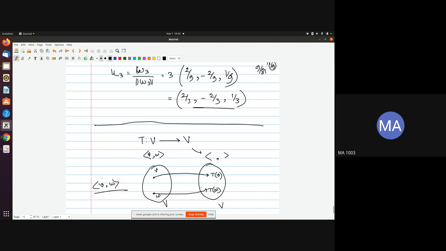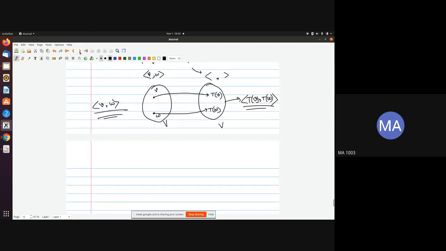That gives me some real number. Here also we can calculate the inner product of TV and TW with respect to the same inner product because we are inside V. If these two give me the same scalar, that is, the inner product of TV and TW is the same as that of V and W, then we call it an orthogonal linear transformation.